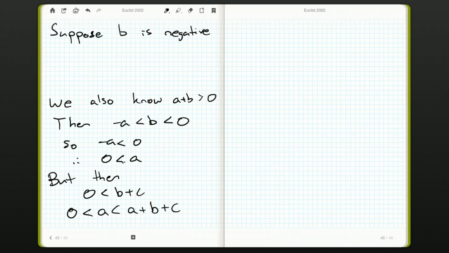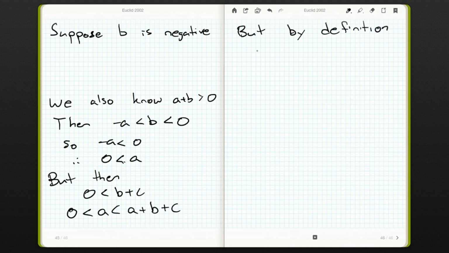Fantastic. So now we have A plus B plus C is positive. But that's the sum of 3 consecutive numbers, so that should be negative. This is another contradiction.